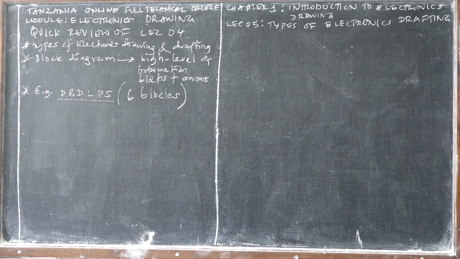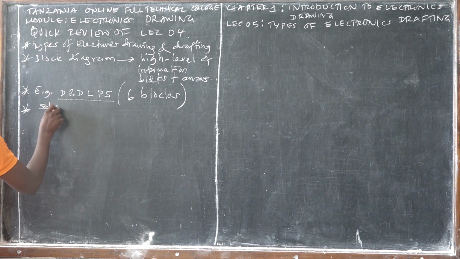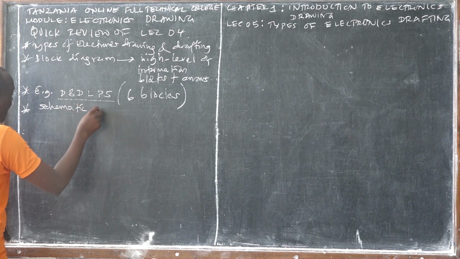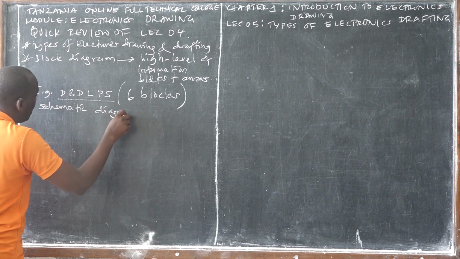Then after that, we discuss the second type of electronics diagram, which we call the schematic diagram. Say schematic diagram.